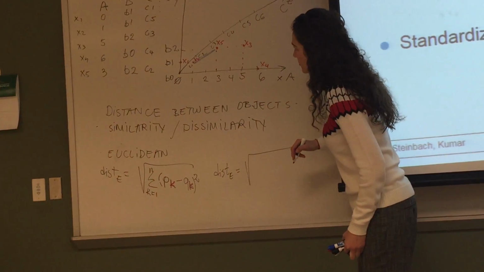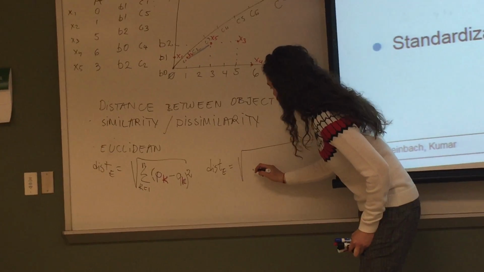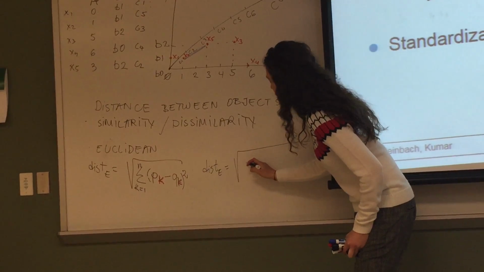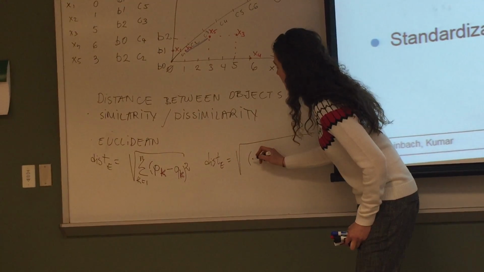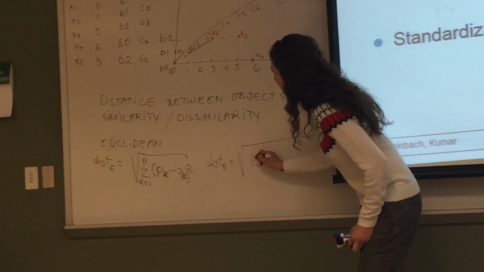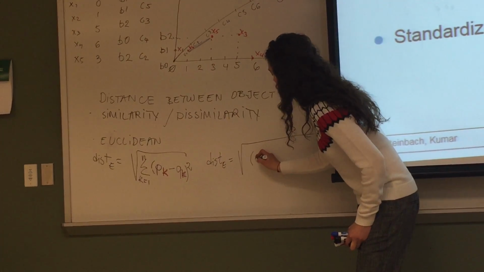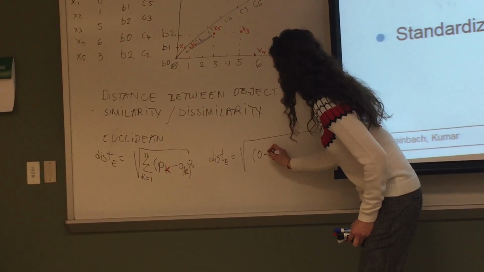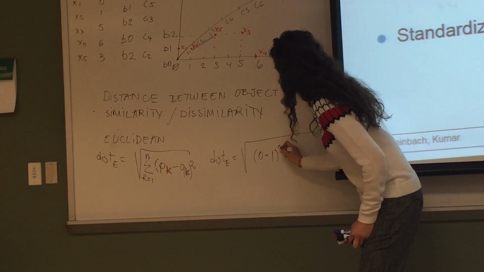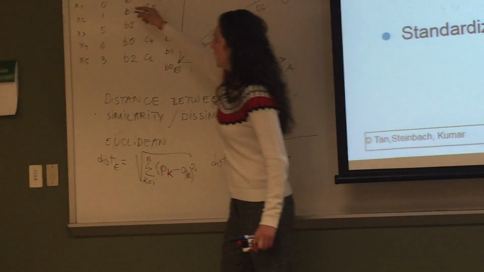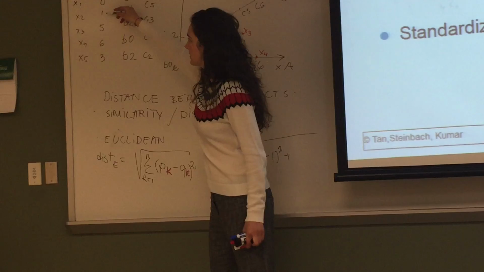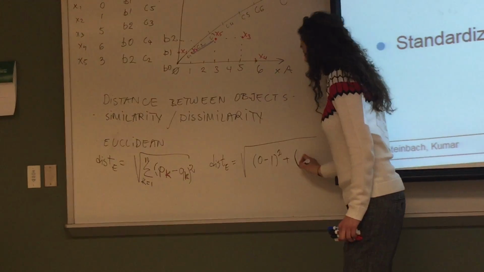For the first object, x1, and the second, x2, we take the difference between values for A, one has a 0, the other one has a 1.